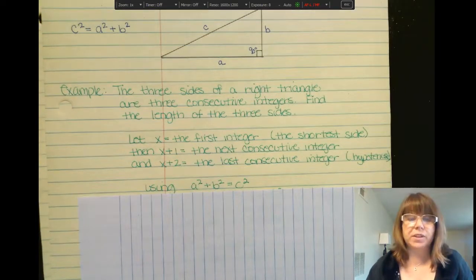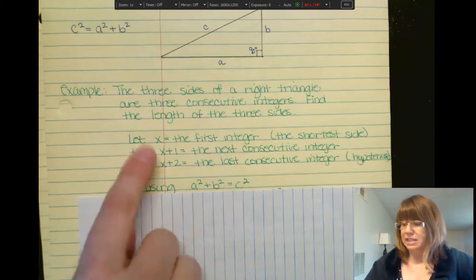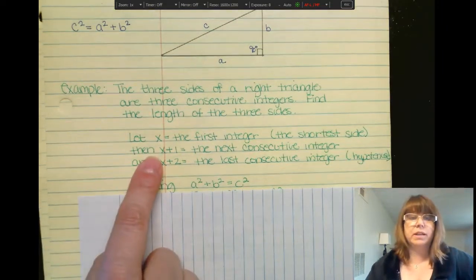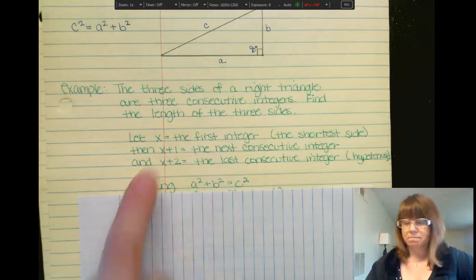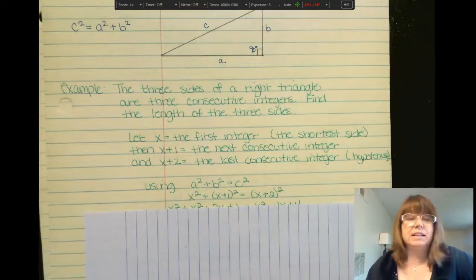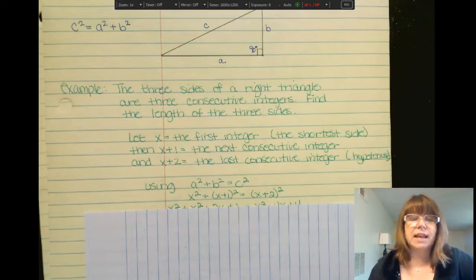Using our Pythagorean theorem, a squared plus b squared equals c squared, I'm going to plug in x for a, x plus 1 for b, and x plus 2 for c. I get x squared plus (x plus 1) quantity squared equals (x plus 2) quantity squared.